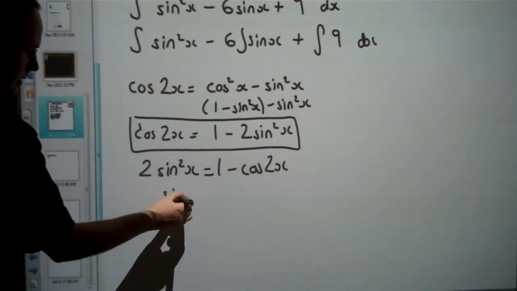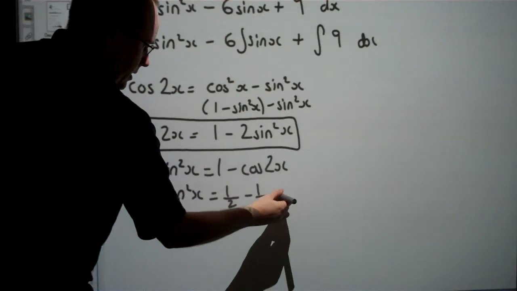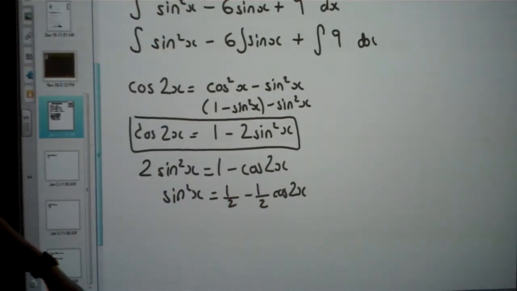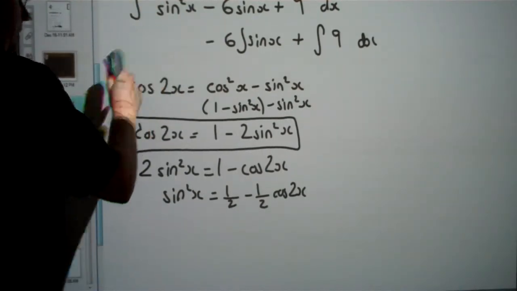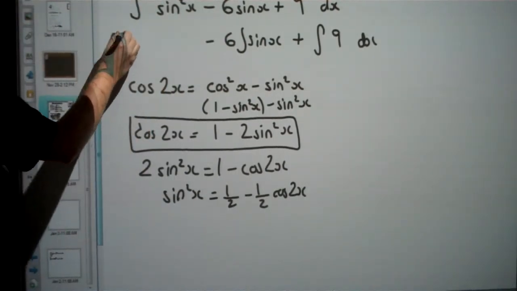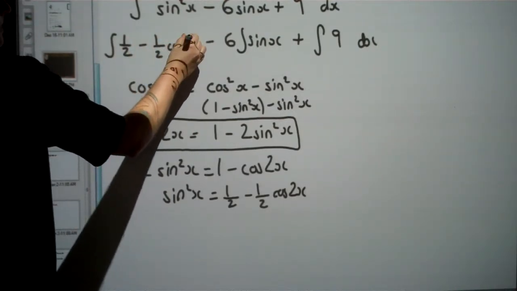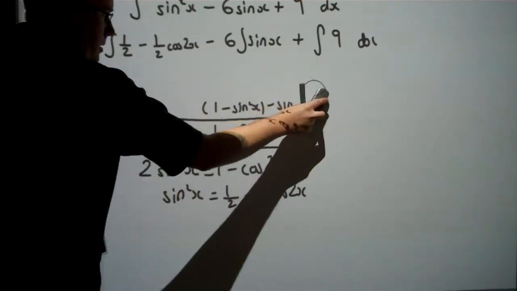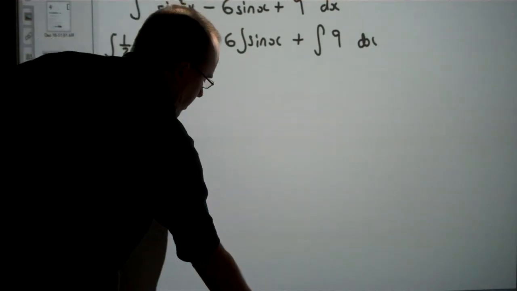And then when I divide both sides by 2, I get 1/2 minus 1/2 cosine 2x. And the advantage is now, instead of trying to answer this question, I can actually answer this question instead. So we need to know our identities when we're working on that question.